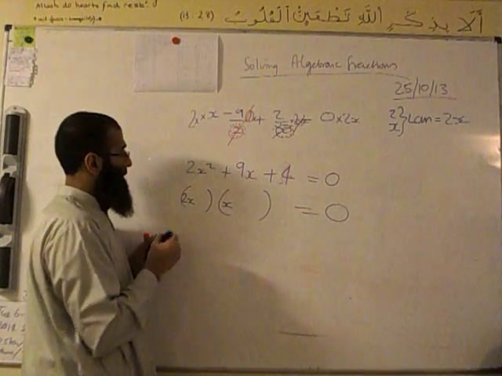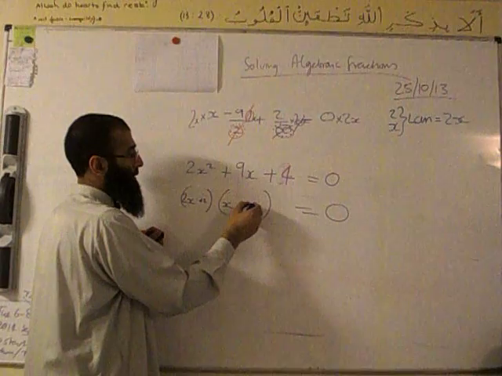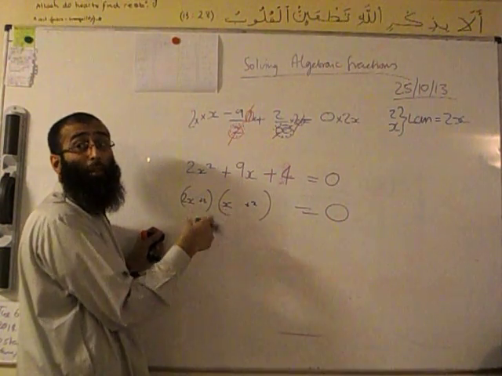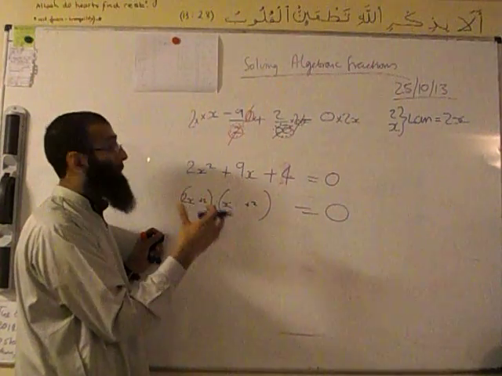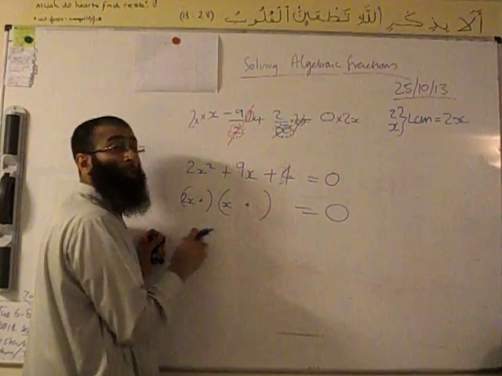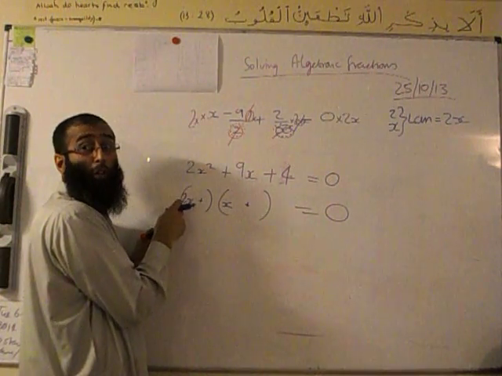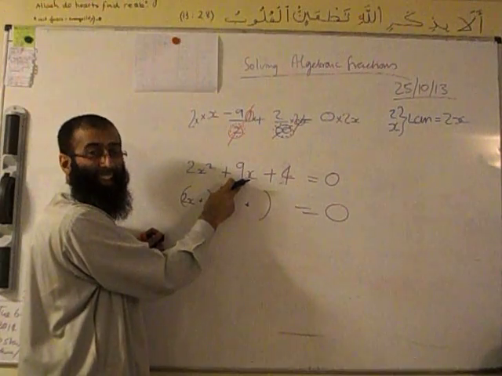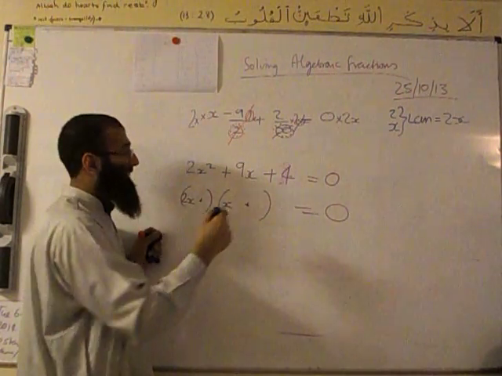It won't work, because that'll give you 4x and 2x is 6x. So this is more like trial and improvement. You've got to put the numbers in the right place. Let's try 4 and 1. Let's put the 4 opposite the 2, because when you double a 4, what do you get? 8. And when you add another 1, you get 9. So you can have an idea.